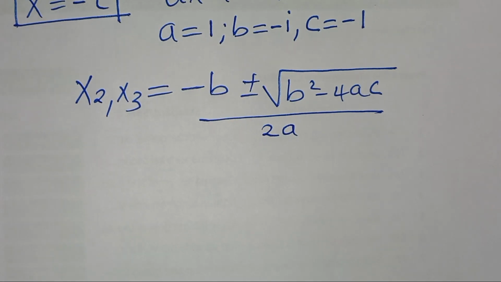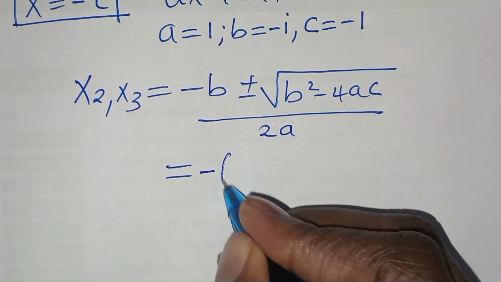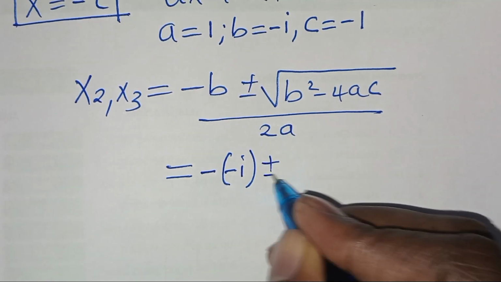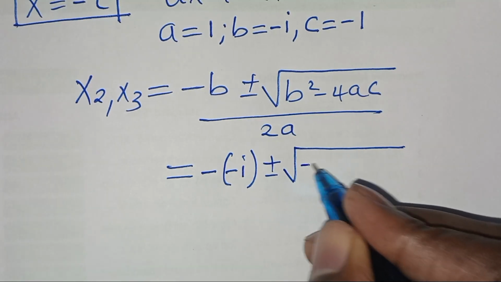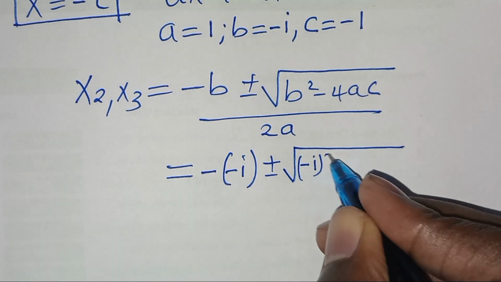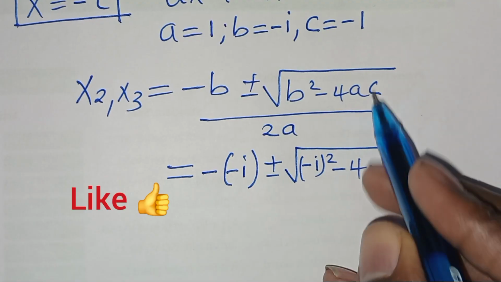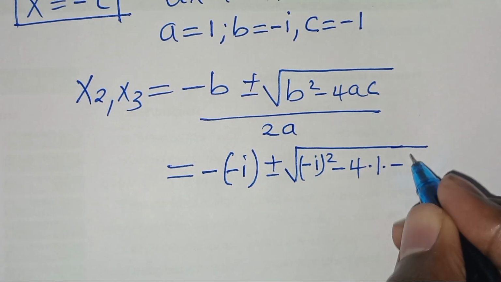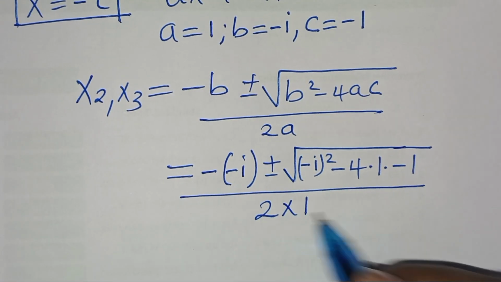Substituting the values of a, b, and c, here we're going to have minus, minus i, then plus or minus the square root of b squared, this is minus i squared, then subtract 4 times a is 1, then times c is minus 1, divided by 2 times 1.